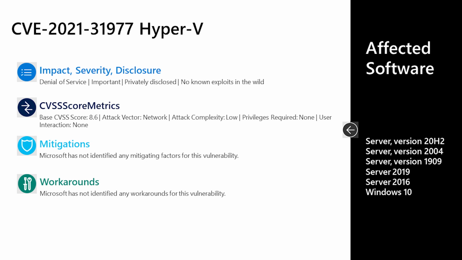So again, an attacker could leverage this vulnerability today, and they would not get code execution, they would not get privilege elevation, they would only crash the Hyper-V server, which is bad if you are hosting lots of virtual machines, but it's denial of service and not those higher risk categories, such as code execution, privilege elevation. So no mitigations, no workarounds. The go-do here is install the update on any machine that's running Hyper-V, and you'll be protected from this vulnerability.